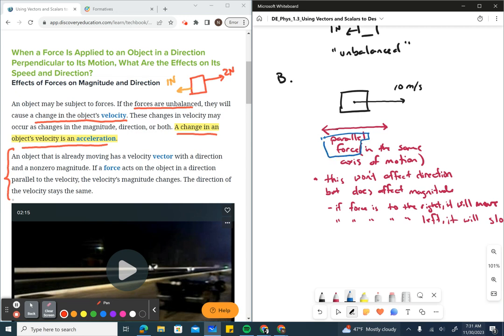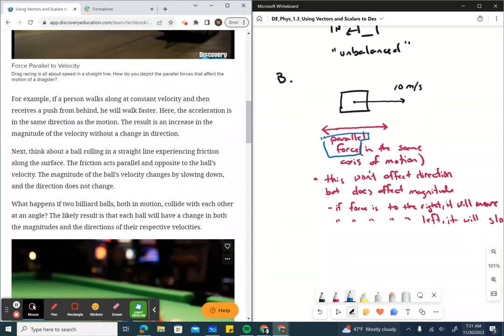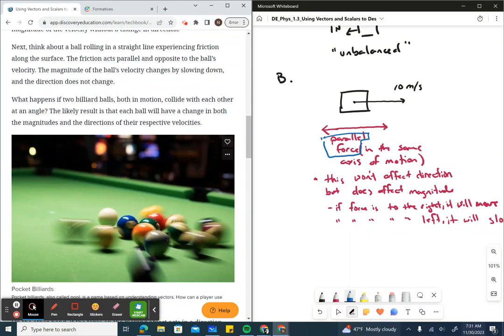Okay, so let's come back over here and let's just clear our screen and continue to move upwards here. They give you several examples, and then the next paragraph down asks, what happens if two billiard balls, both in motion, collide with each other at an angle?